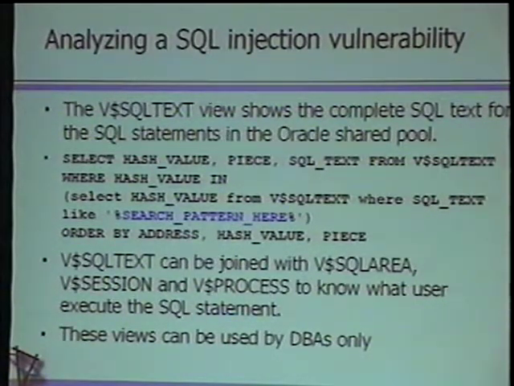In the search pattern, we can put something that we use in the exploit, so that we will get where the exploit code was executed. We can use other views like V$SQLAREA, V$SESSION, and V$PROCESS to know what user executed the SQL statement.